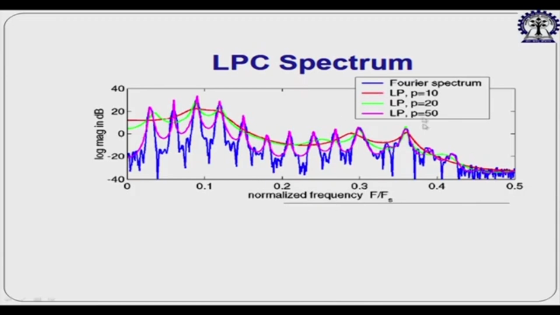If I increase the LPC order, the number of variations increases, so it accurately copies the spectral envelope. Depending on my requirement, if I want a smooth spectrum and do not want a lot of variation, then I can reduce the LPC order. If I want to exactly copy the spectrum, then I can increase the LPC order.